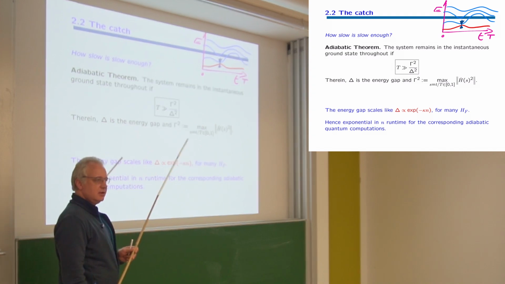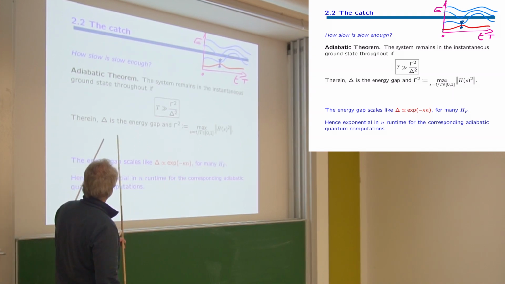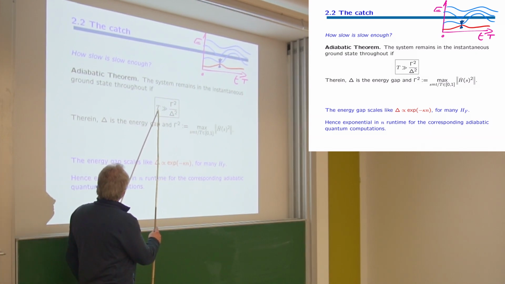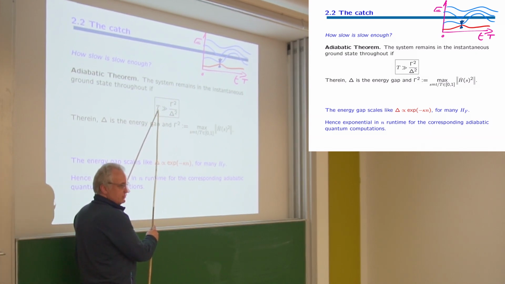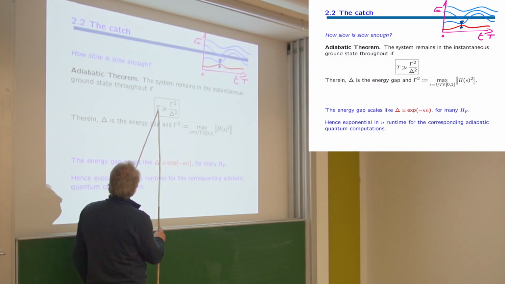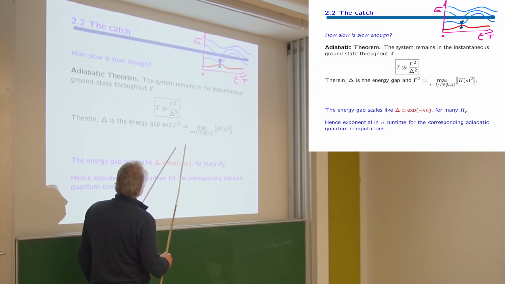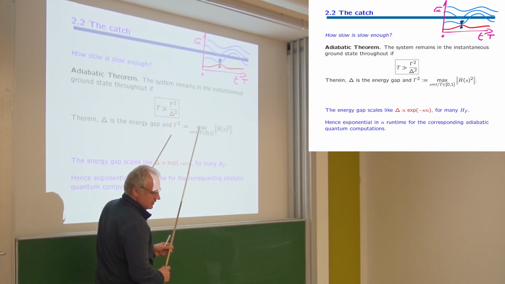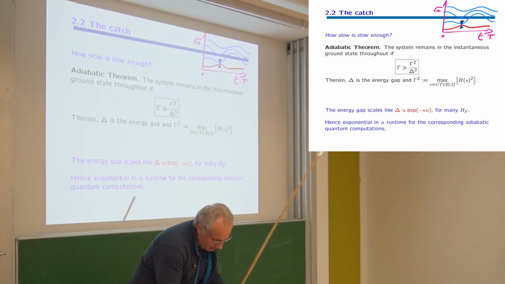How slow is slow enough? That is answered by the adiabatic theorem. It talks about the total duration of the evolution, and it relates it to various quantities of interest for this problem. So delta is this energy gap here.